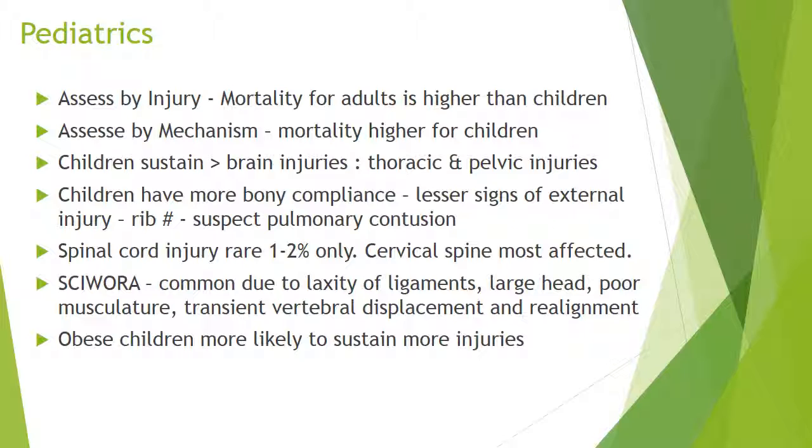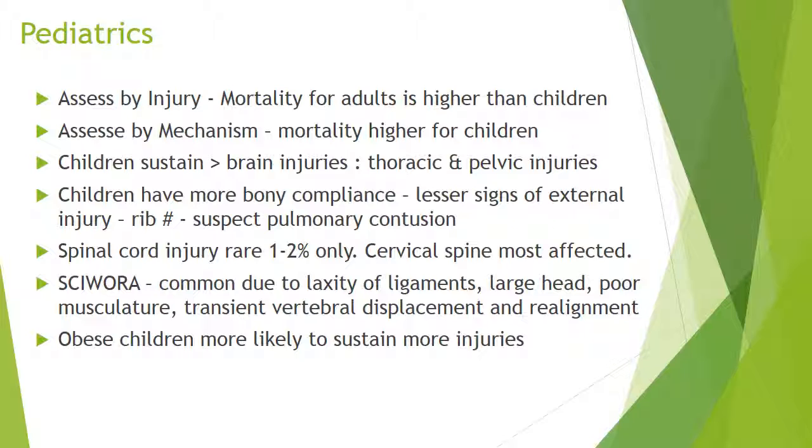Thus, it could completely injure the spinal cord, but when one does a CT scan, everything looks normal. So this was a very old term, spinal cord injury without radiological abnormality. But nowadays, with the presence of MRI, when one does a scan, you realize that the spinal cord has been damaged, whereas there is very minimal injury to the bones.